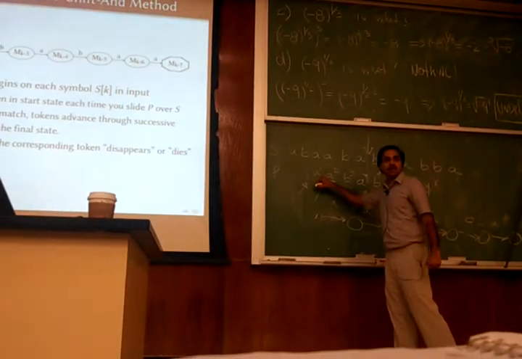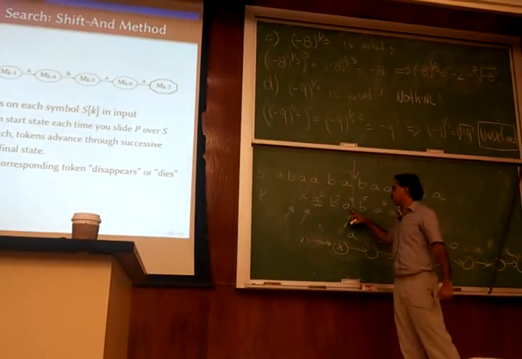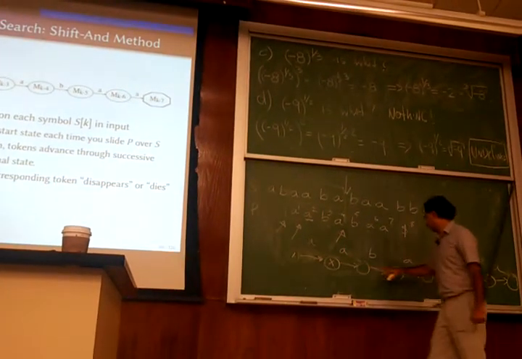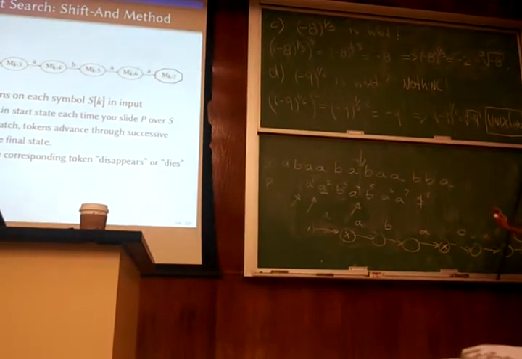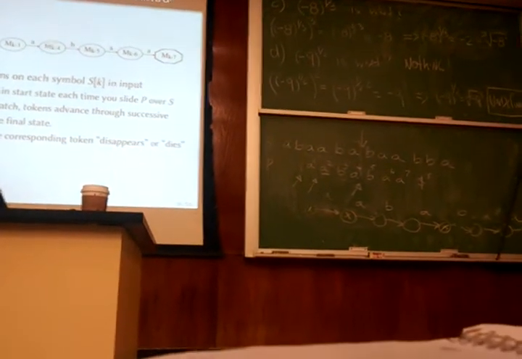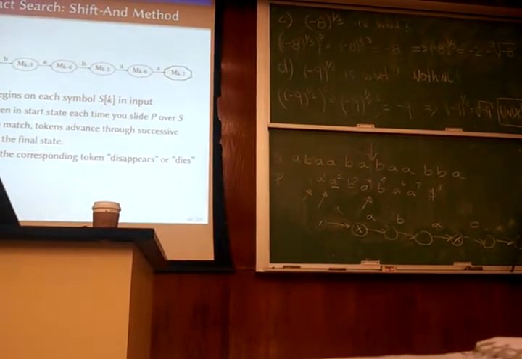There is a match for a prefix of length 1, so there will be a token over there. And then there is a match for a prefix of length 4, so there will be a token over here. So we are going to maintain all these tokens at runtime, and then we will advance all these tokens at runtime. This is the basic idea.